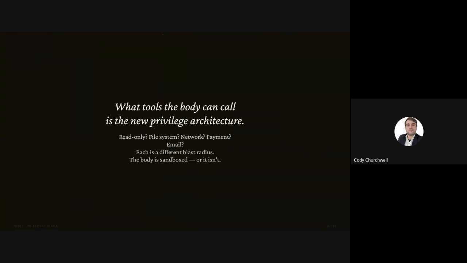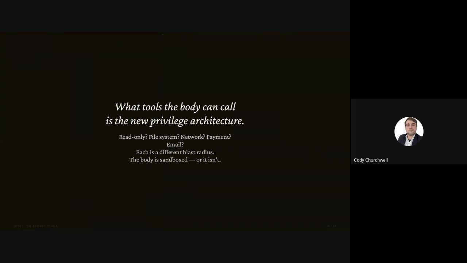So, sandboxing is limiting what a tool can do. A security boundary, a sandboxed tool can only do what you have explicitly allowed it to do. Everything else is blocked. Then we also have the principle of least privilege. Give every tool only what it needs. It's a foundational security idea.